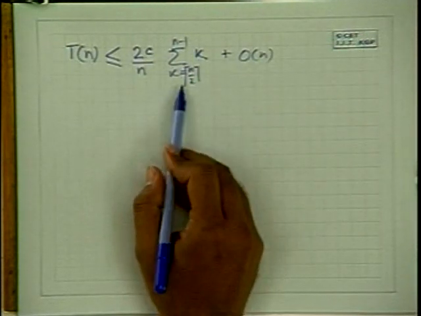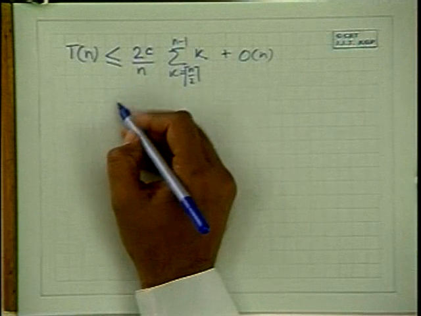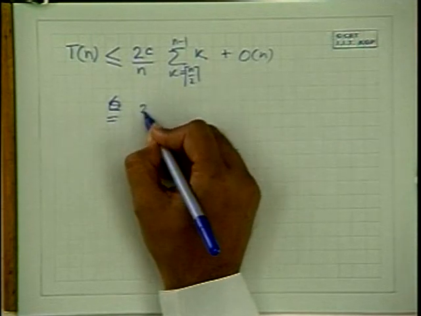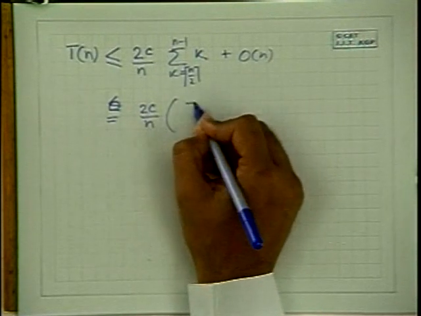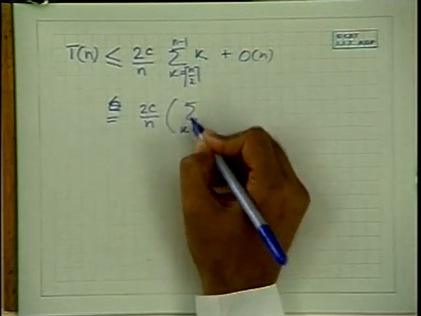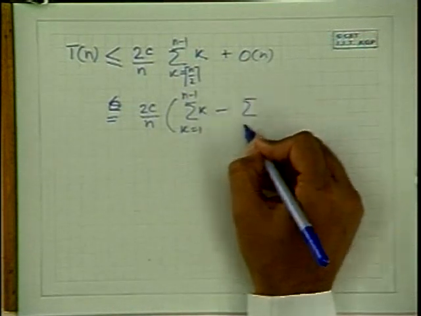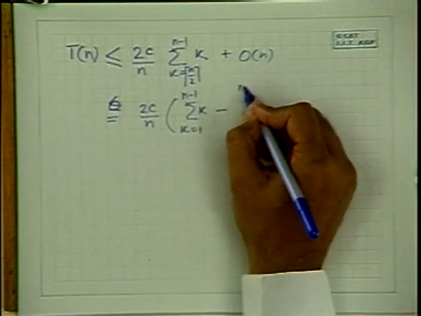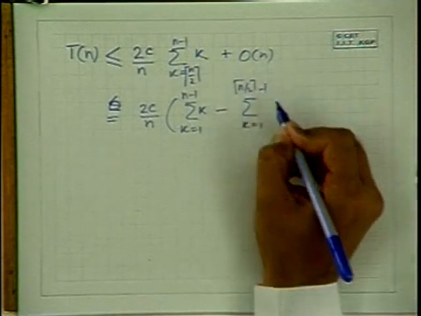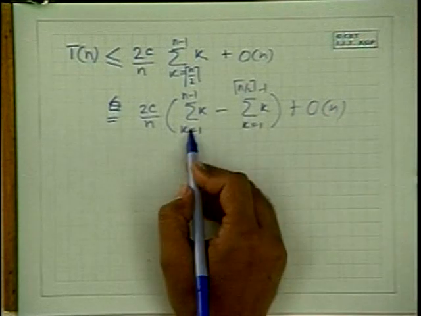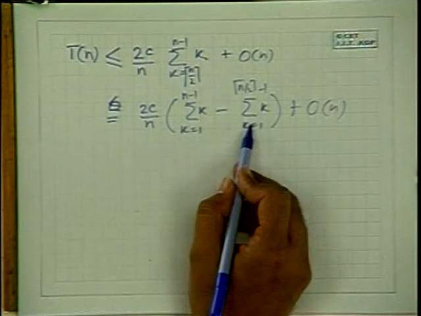You agree? Now this is less than or equal to, I can write this as 2C over n, sigma k equal to 1 to n minus 1 of k, minus sigma k equal to 1 to n over 2 of k. This is just to get the right bound. I added something here and subtracted it.